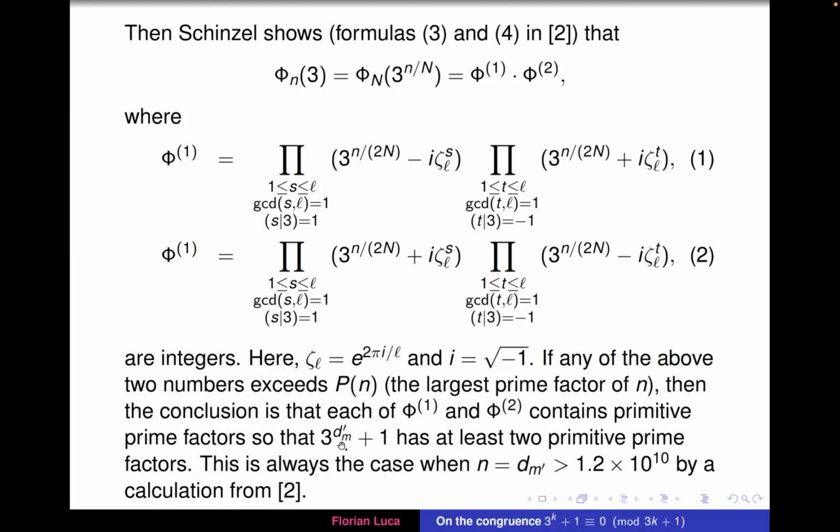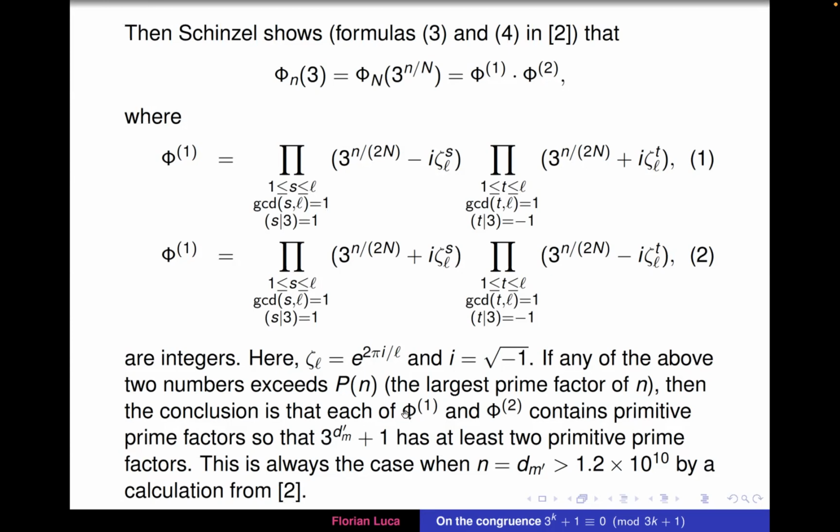For example, if you evaluate it at an even integer, let's take even a power of 2. The cyclotomic polynomial corresponding to 2 to the power k is x to the power 2 to the power k minus 1, plus 1. And if you evaluate it at x equal to 3, you're going to get a power of 3 plus 1, which is an even number. So that even number doesn't count.